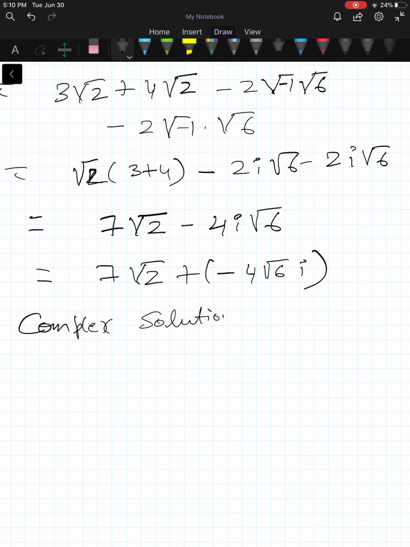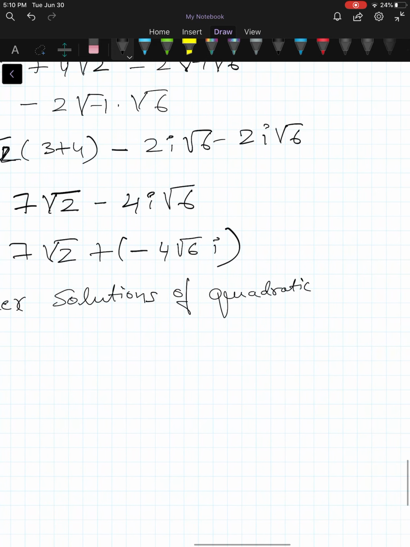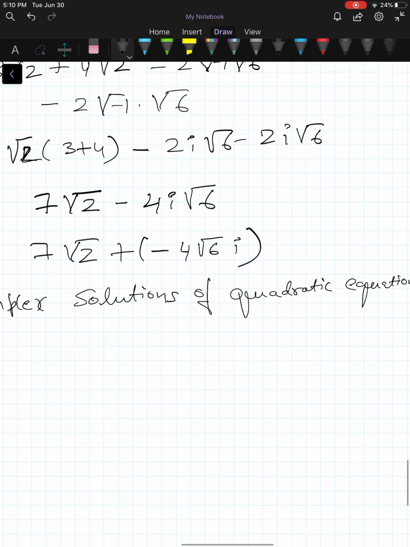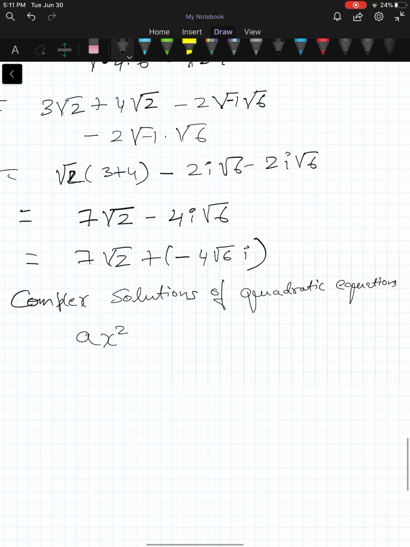Complex solutions of quadratic equations. The general form of quadratic equations is ax square plus bx plus c, right? And a is not equal to 0.